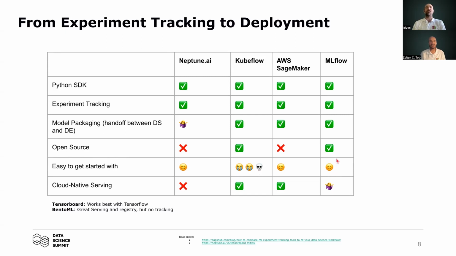It's basically a pip package, and it works very well. So we also took a look at cloud native serving, so serving through Docker containers. Neptune AI is not a platform created for serving. KubeFlow and SageMaker, they do this well. And MLflow, it does it to some level.